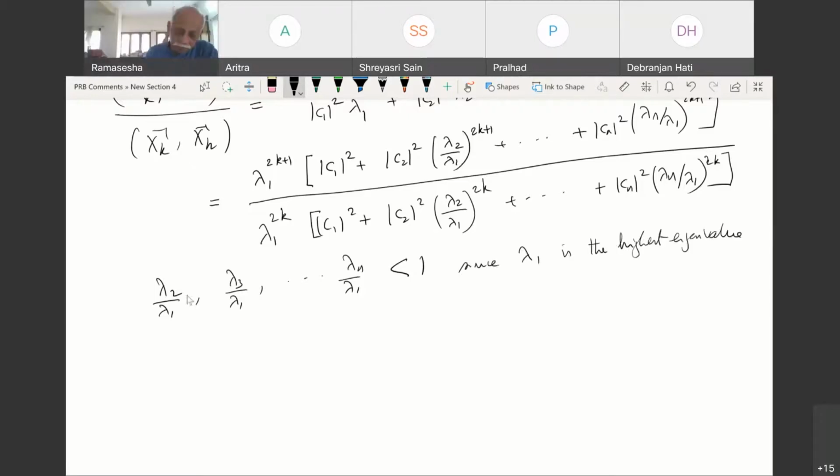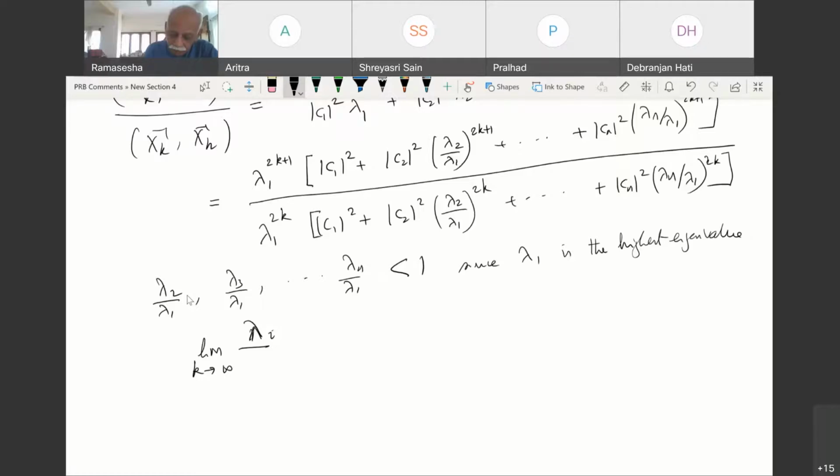Now what happens in the limit k tending to infinity to lambda i by lambda 1, for i not equal to 1? What is this equal to? 0.